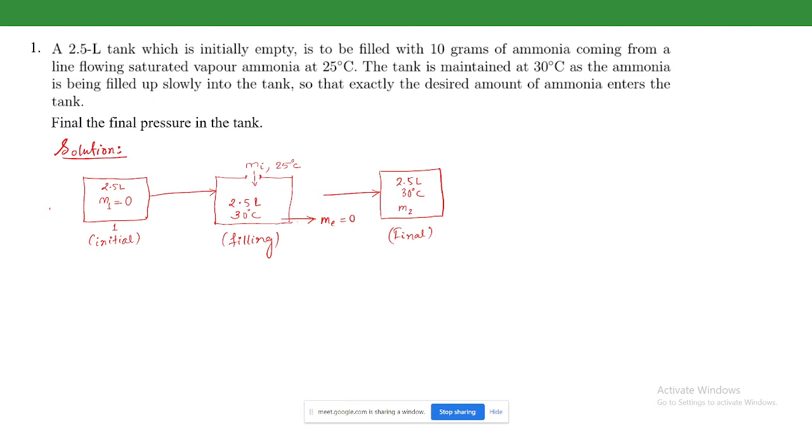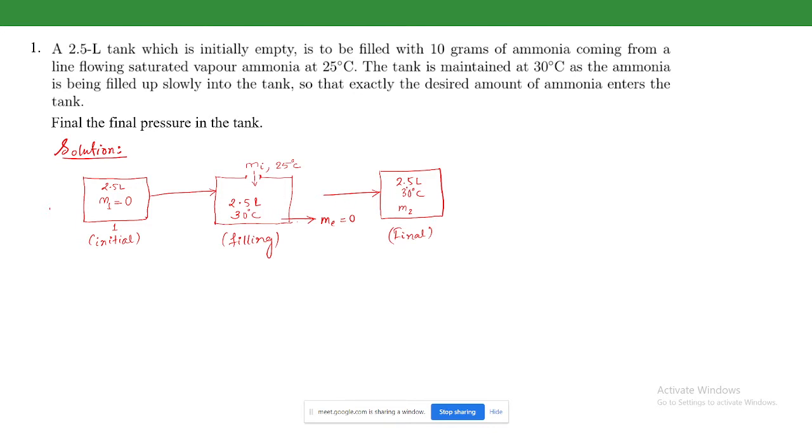The first question is, a 2.5-liter tank, which is initially empty, is to be filled with 10 grams of ammonia coming from a line flowing saturated vapor ammonia at 25 degrees Celsius. Initially there is a tank which is empty. From a line which carries saturated vapor ammonia at 25 degrees Celsius, the ammonia is allowed to enter this tank, whose volume is 2.5 liters, and this tank is maintained at 30 degrees Celsius throughout the process.